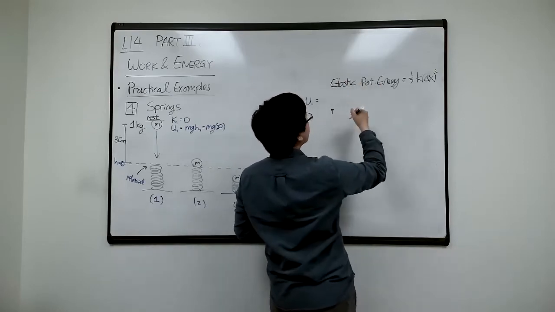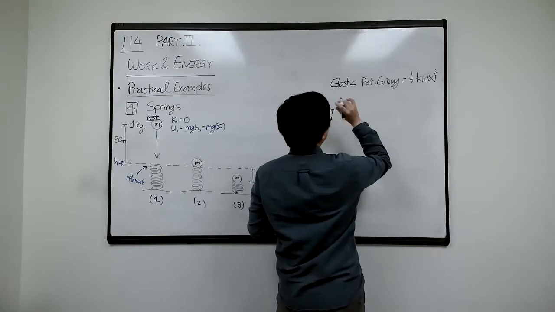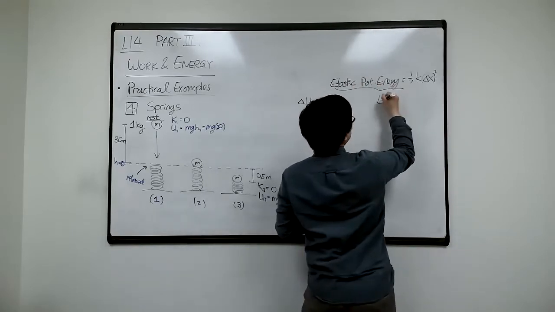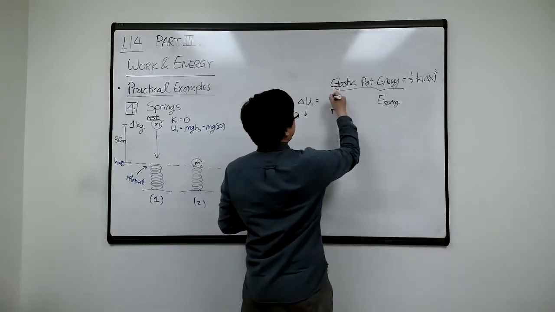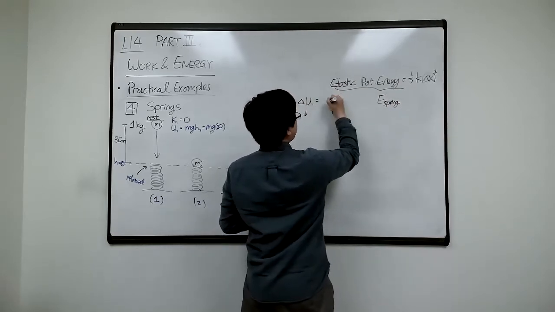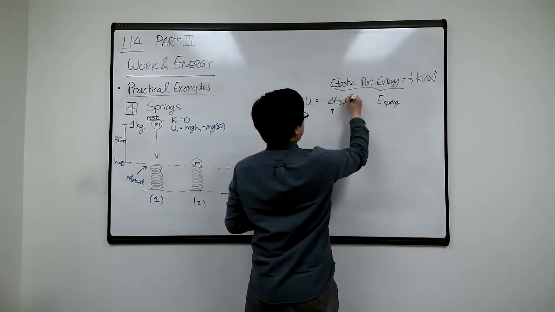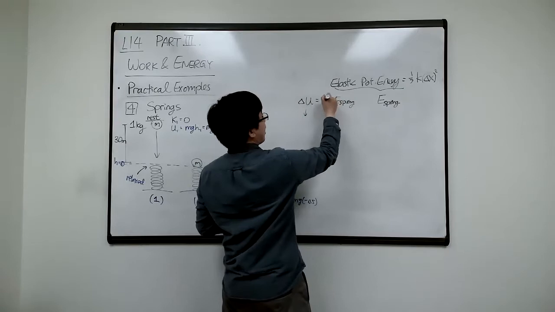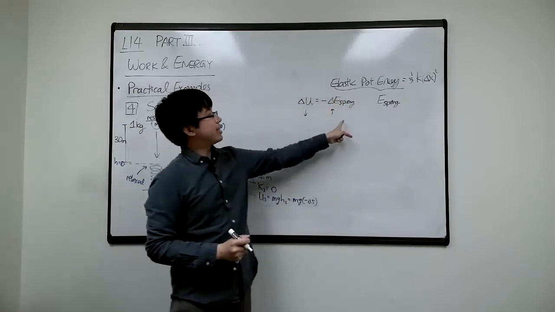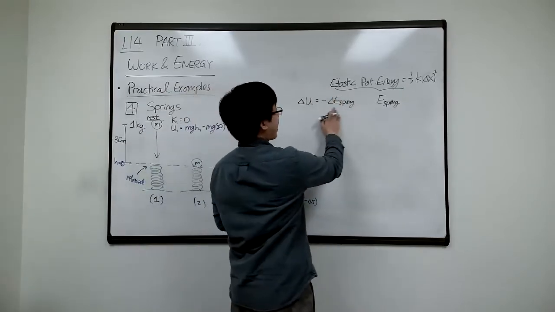I don't know if there is a symbol for it, so I'm just going to call it E spring, the energy in the spring. It will have a change in E spring, but if this one increased, this one decreased, so we put a minus sign here. This is one way of looking at it.